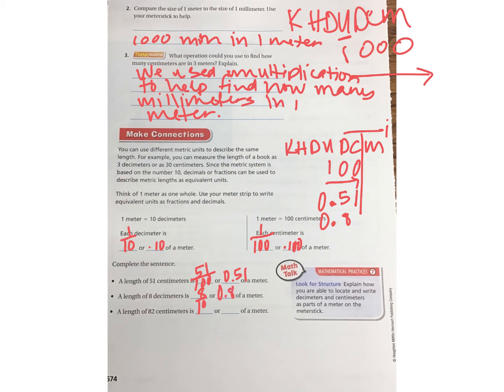Okay, now think of 82 centimeters. Let's put 82 under the centa. So that means 2 is under the centa and 8 is under the deci. There's that decimal again, and we have 0 units. So how do we write that as a fraction? 82 hundredths. And as a decimal, 0.82. Very good. Okay, let's look at the next page.